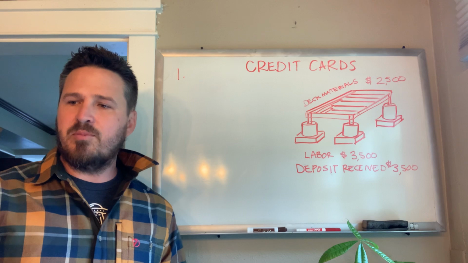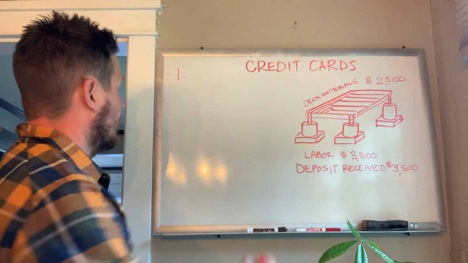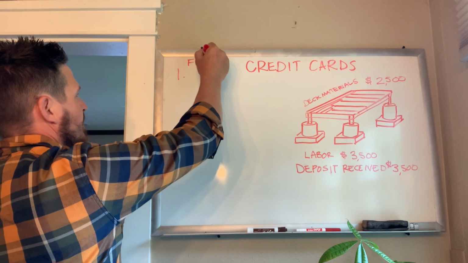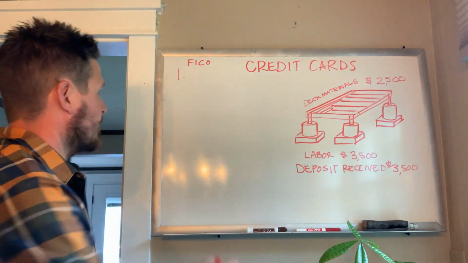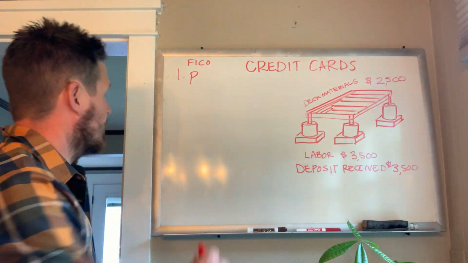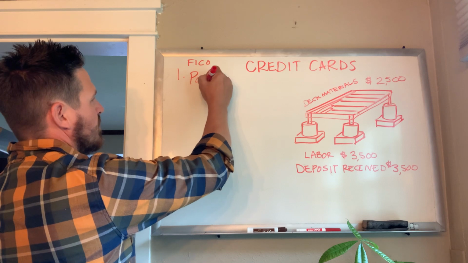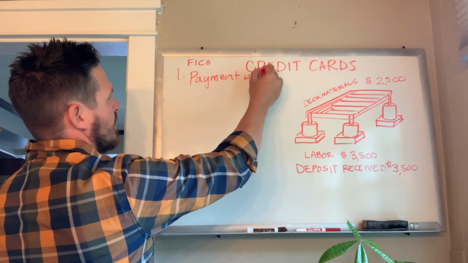The number one thing a company evaluates, and this is called a FICO score. Okay, the FICO, F-I-C-O, is your payment history. And there will be a quiz on this later, so you're going to want to take notes. And you'll be able to use your notes for the quiz, because this is important information.